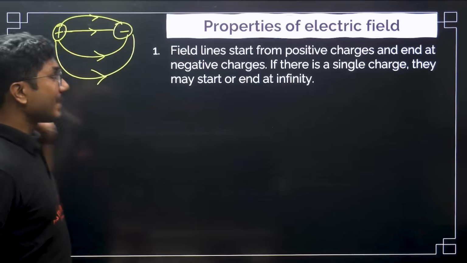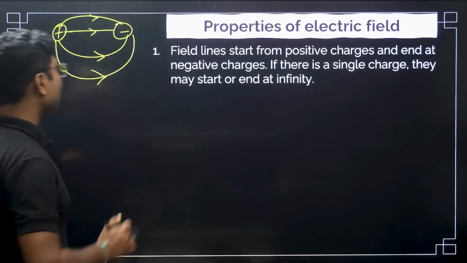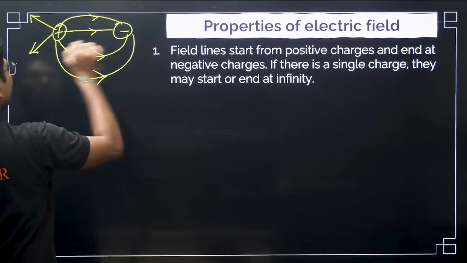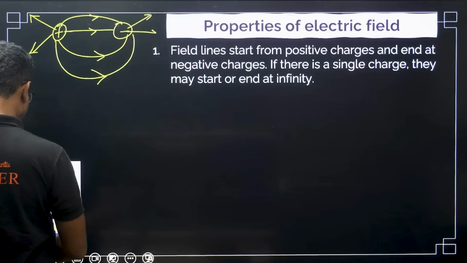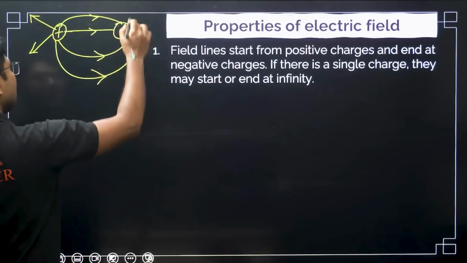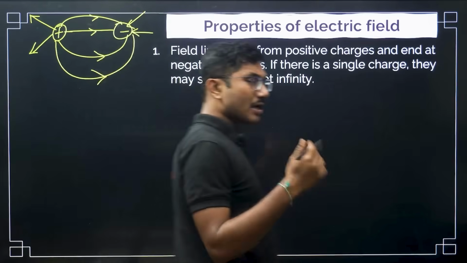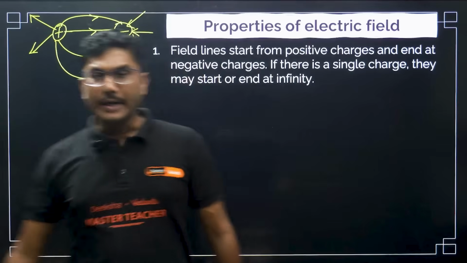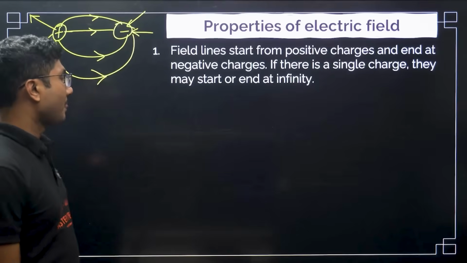So electric field lines will always start from positive and end at negative, but if it is only a single charge, it can sometimes go to infinity, or start from infinity and come towards the charge, based on the nature of the charge. But normally it starts at positive and goes to negative.